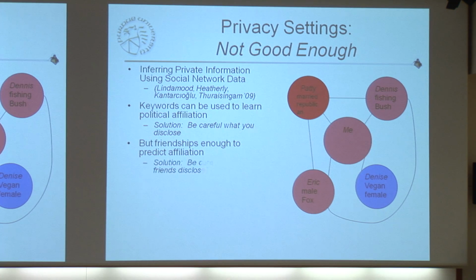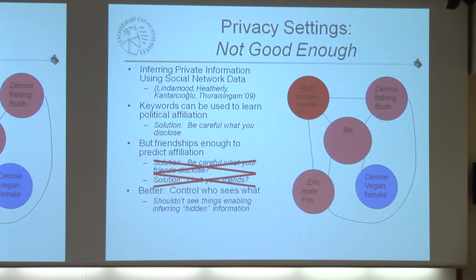Professor Neville will be talking about the sort of machine learning techniques you use to accomplish learning tasks like this. So, what's the solution? Be careful what your friends disclose? Well, that doesn't sound right. Limit your friends? Well, somehow that doesn't sound right either.